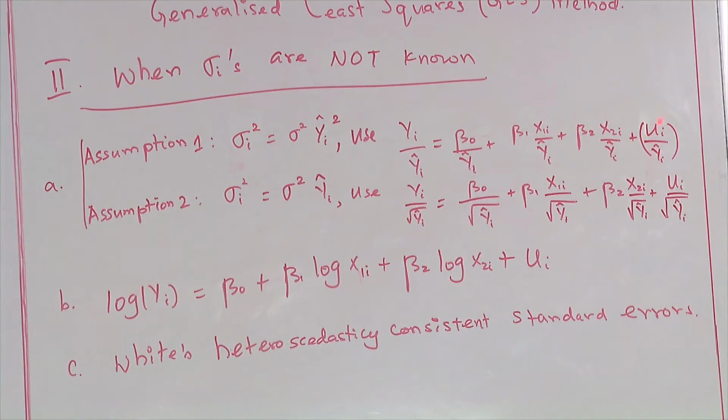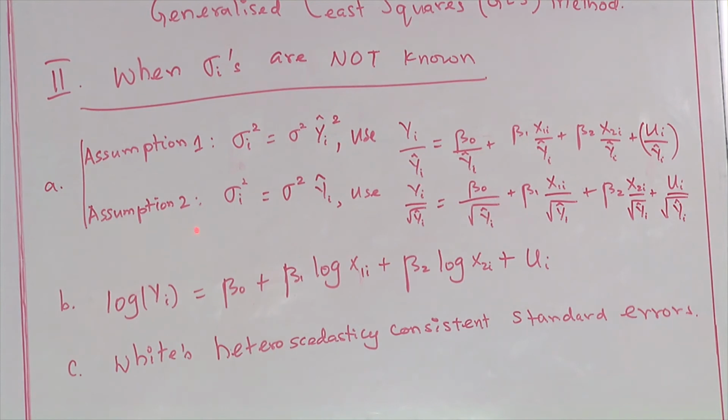The variance of the error term will clearly be constant here, and so this equation has a homoscedastic error term if the heteroscedastic structure is like this. So, after this transformation we may run the OLS. This procedure is called the GLS procedure. This GLS procedure will get you the BLUE estimates.